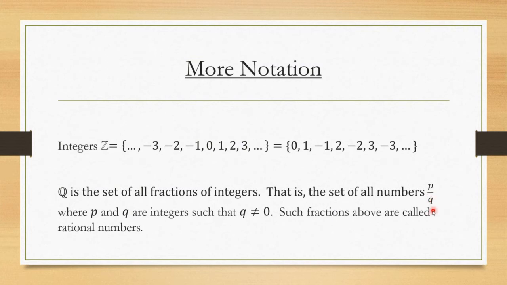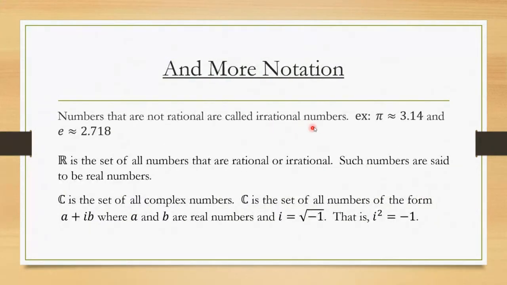Now, there are many numbers out there that are not rational numbers. In other words, you cannot write them in this form. Such numbers are called irrational numbers, and there are many of them.